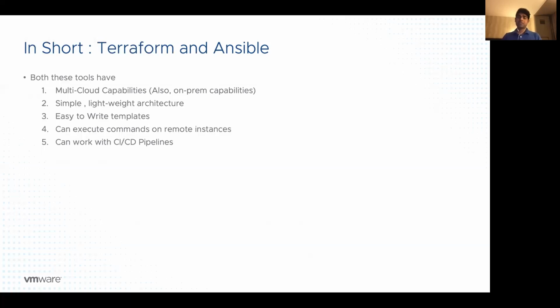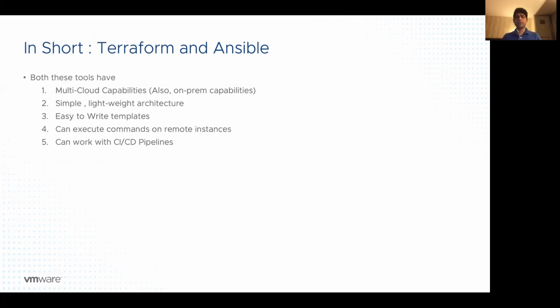They have a simple, lightweight architecture. They have easy to write templates. In case of Terraform, it uses a high-level config language. And in case of Ansible, it uses playbooks which are written in YAML and look more like simple English, as we saw earlier. And they can execute commands on remote instances.